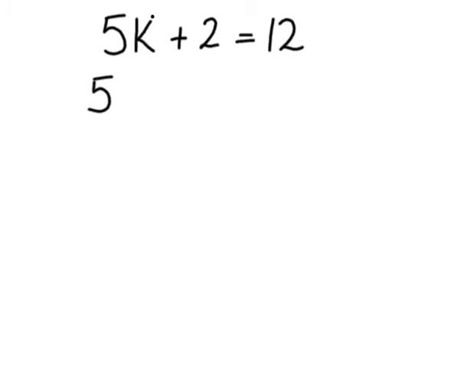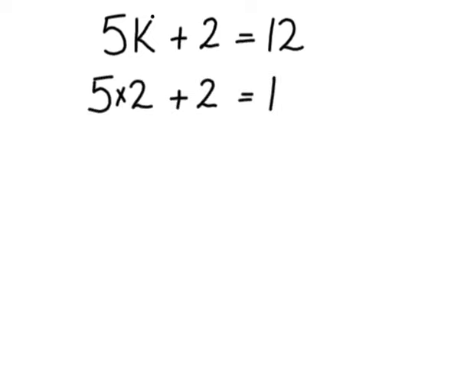So we had 5k plus 2 equals 12. And what we were able to find out was that k equals 2. So I'm going to input 2 for k and see if it still balances the equation. So we're going to go 5 multiplied by 2 plus 2 equals 12.